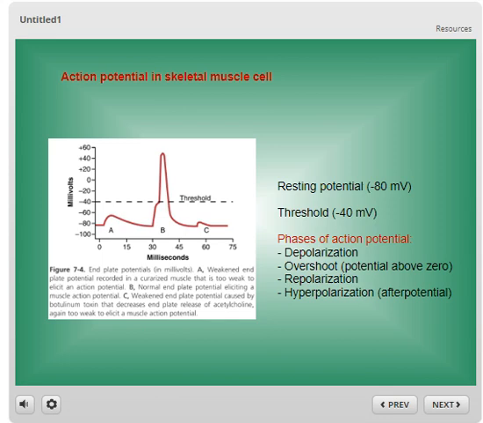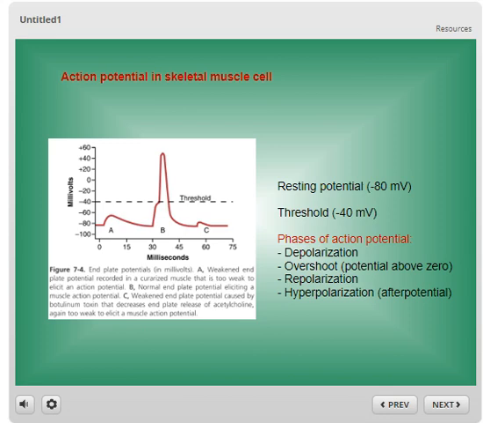This occurs due to the continued efflux of potassium ions before the potassium channels close, because, as I told you, the kinetics of the potassium channels are slow. So the cell is less likely to fire another action potential immediately. As a whole, the action potential in skeletal muscle cells is a rapid and coordinated change in membrane potential that allows for muscle contraction.